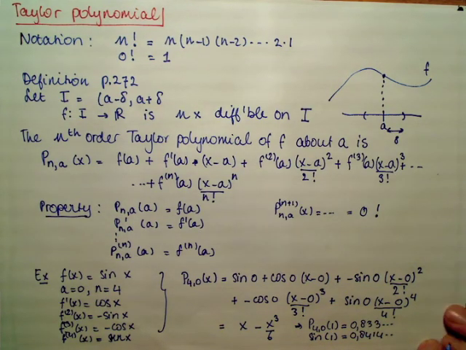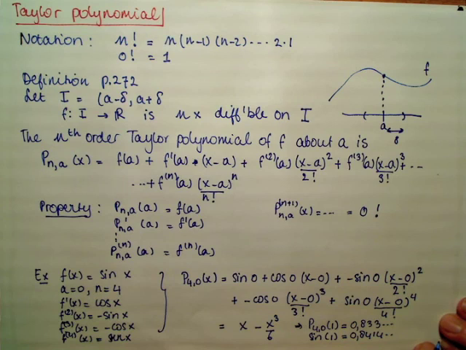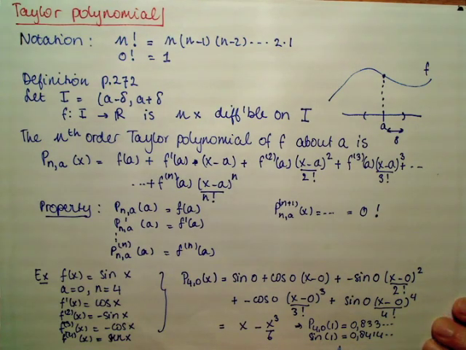I mean, the first decimal is already okay, and there's only a difference in the second decimal. So we start to approach our function value sine of 1 already much better with this fourth degree polynomial compared to the first degree polynomial that we computed earlier.